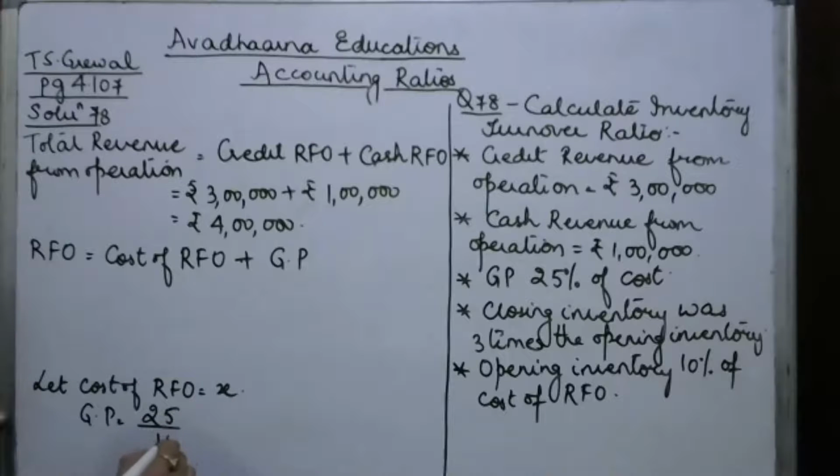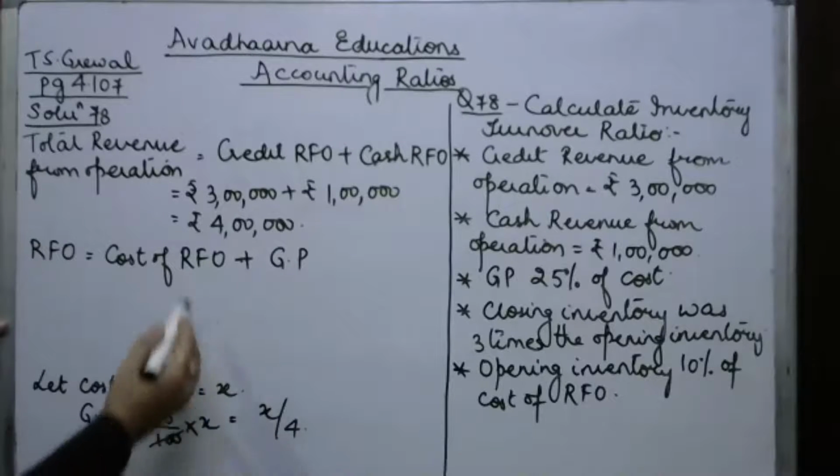That means 25% of X, and if I solve it, I'm going to get X upon 4. How? Because 25 fours are 100. So when I simplify it, I get X upon 4.